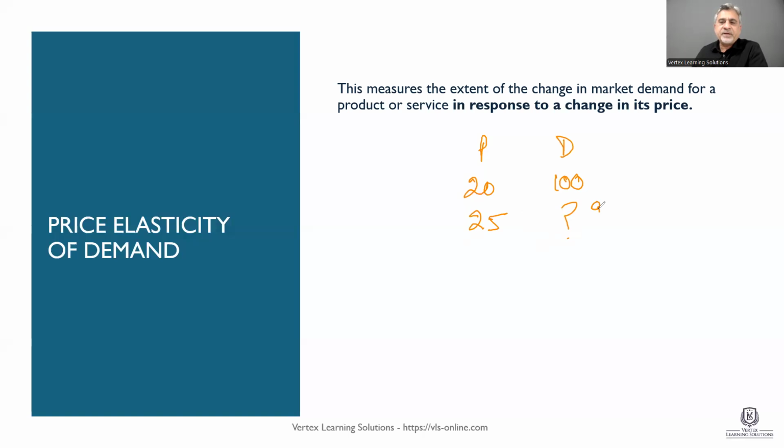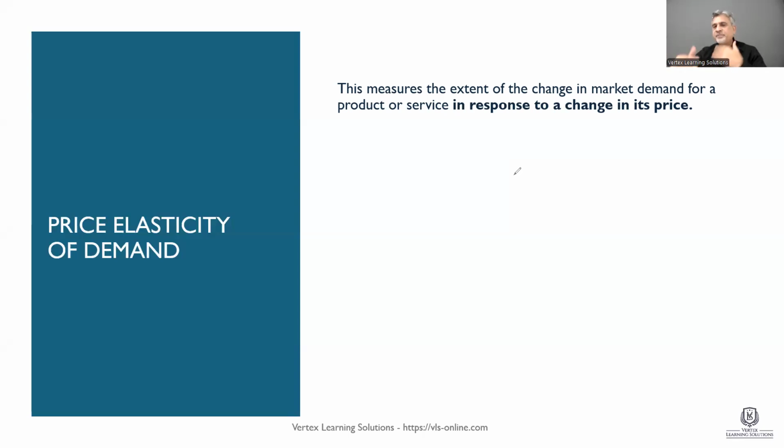But whether it will come down to 95 or 90 or 80, or maybe 50, I need to know how many customers or how much volume I'm going to lose. I need to know before I increase the price. So we need to calculate this. To predict the expected market demand with the new proposed price, you need to know the elasticity.